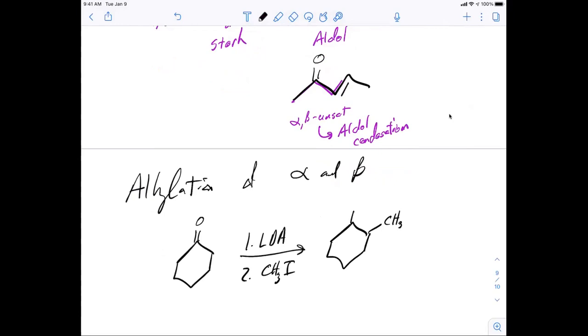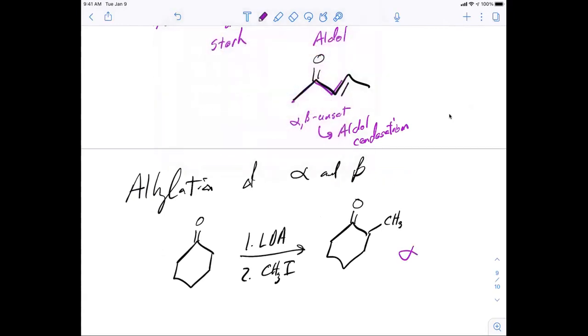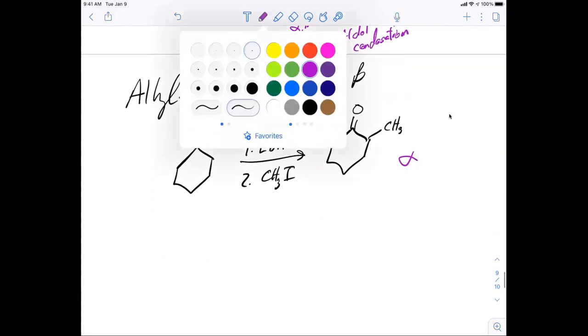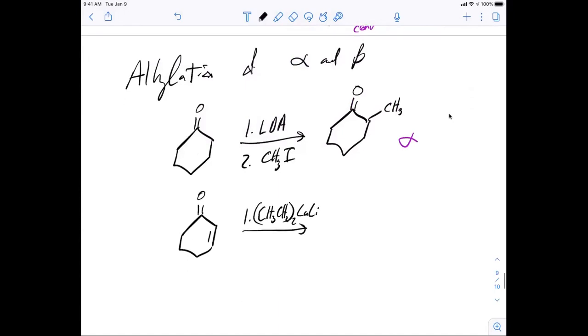Right there, I get alpha alkylation. If we look at what we looked at earlier, if you take the alpha beta unsaturated, reacted with a Gilman, followed by water or water and acid.